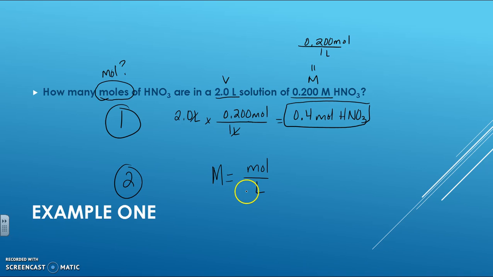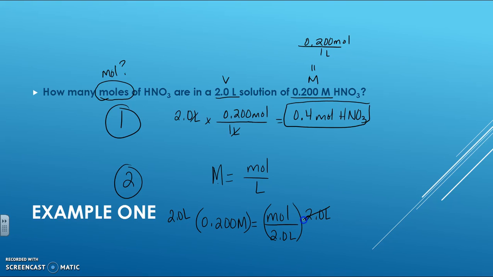You can do it algebraically, where you just plug in for your variables, right? So M here goes in for M, 0.200 M. Moles is what we're looking for, so we keep that as moles. And then liters would be 2.0 liters. Okay, how do we solve for this? Well, we multiply both sides by 2.0 liters.